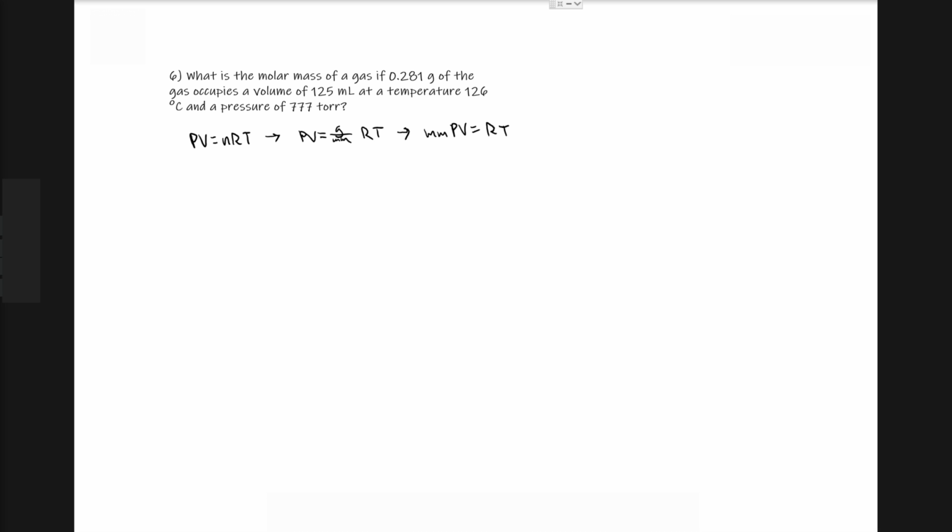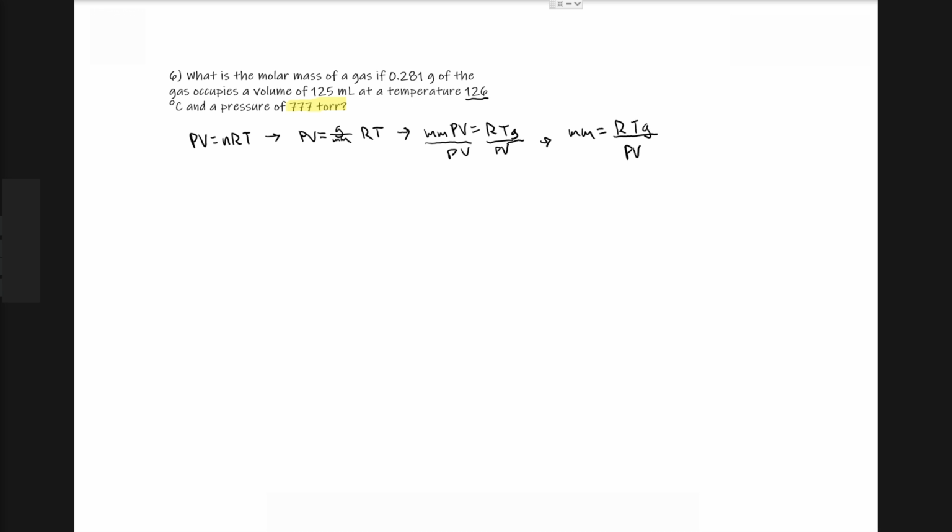Divide both sides by PV. Oh, and I almost forgot to put grams right here. Okay, and that gives us the version of the ideal gas law that we're going to use, which is molar mass equals RTG over PV.